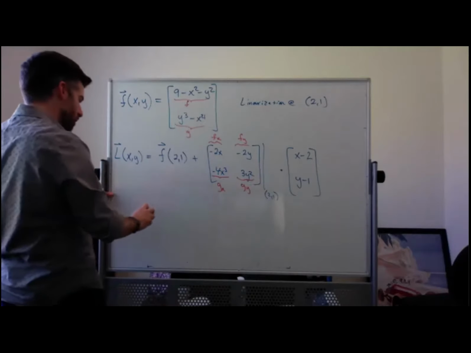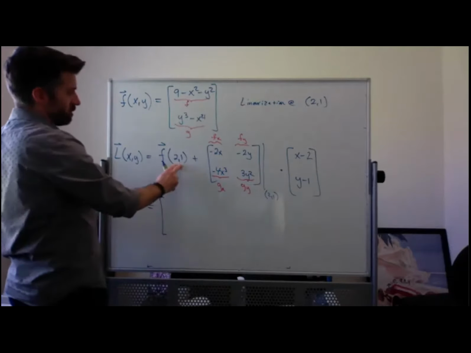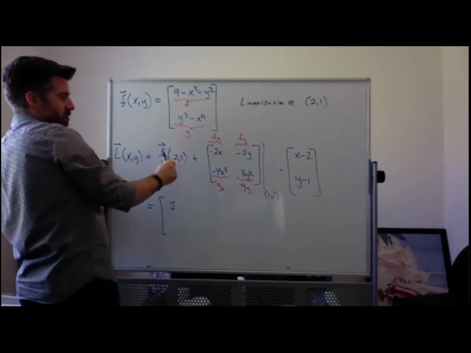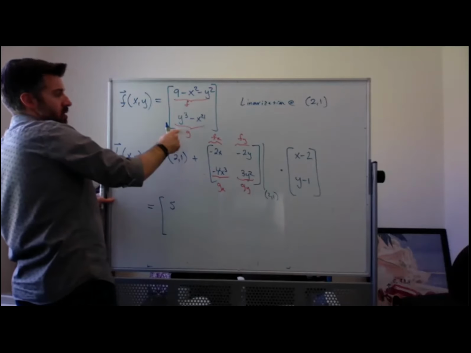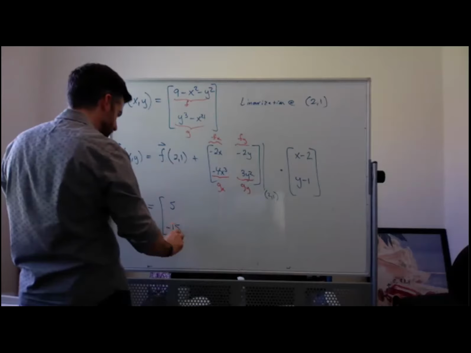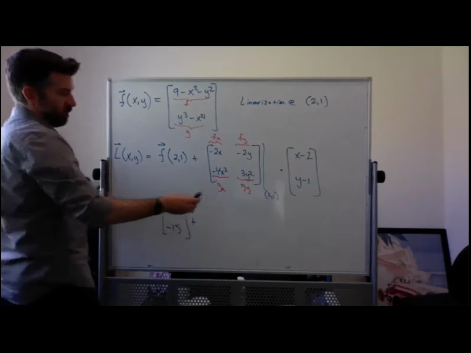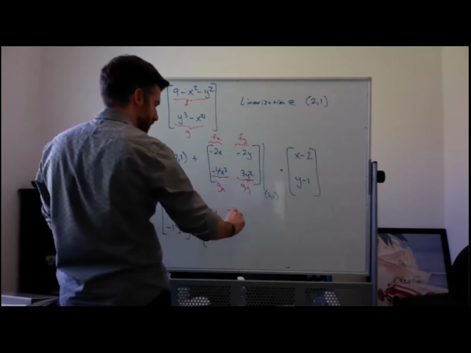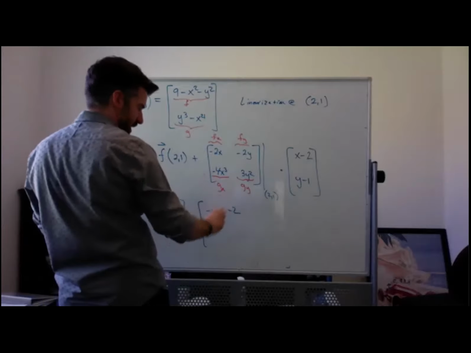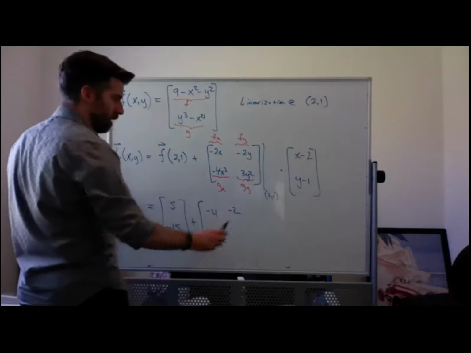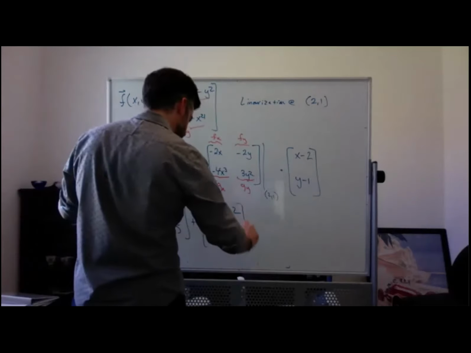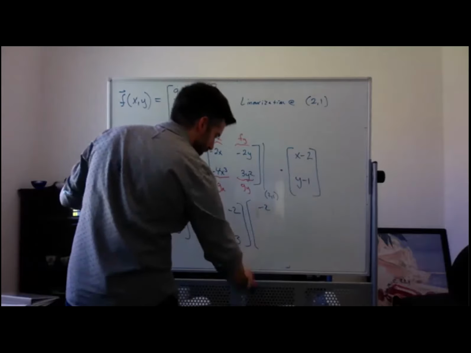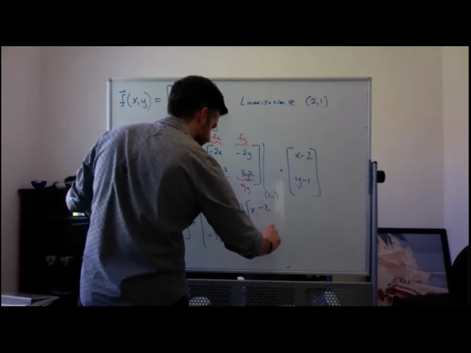So f of 2, 1 is the vector. If I plug in 2, 1, 9 minus 4 minus 1 is 5. And 1 cubed is 1 minus 2 to the 4th is negative 15, plus plugging in 2 for x and 1 for y, I get negative 4, negative 2, 32, and 3, times x minus 2, y minus 1.